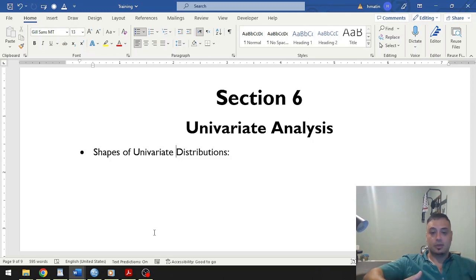I'll start this section with univariate distributions and the shapes of distributions. It's very important to familiarize yourself with the shapes of distributions because it's a good starting point. When you are looking at data, instead of looking at a crosstab, I think it's a very effective practice to start your analysis by looking at the shapes of the distribution of your data.